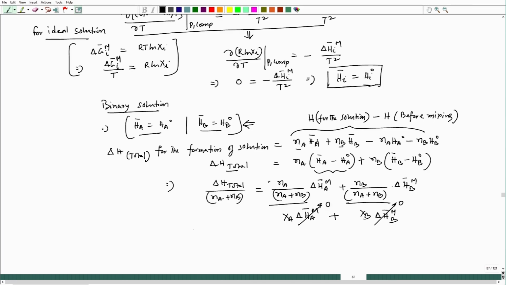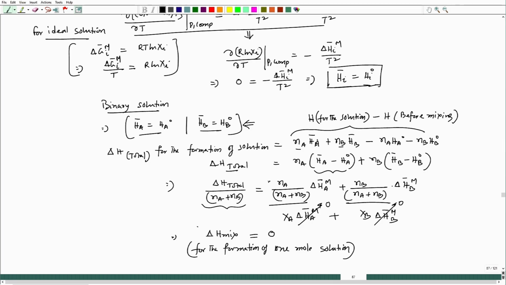And this term is nothing but del H mix for the formation of 1 mole of solution, which is equal to 0. Fine.